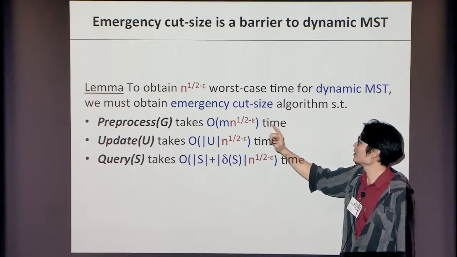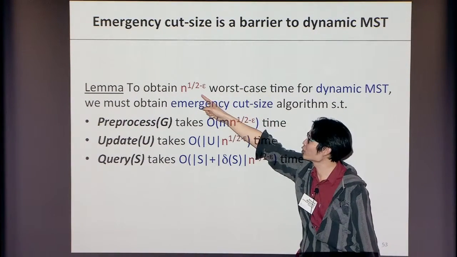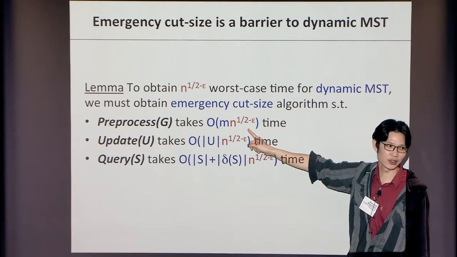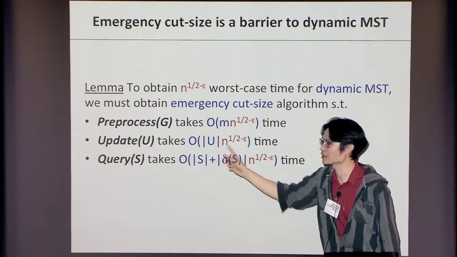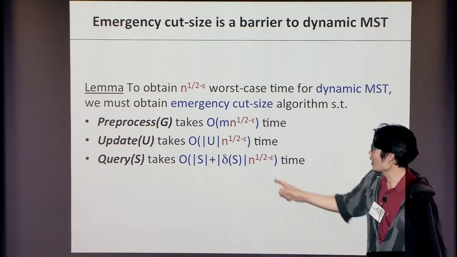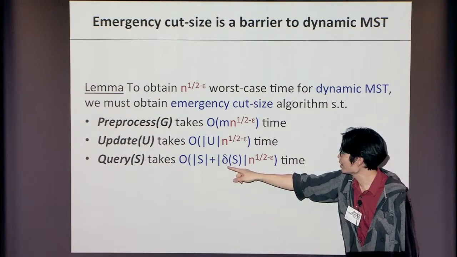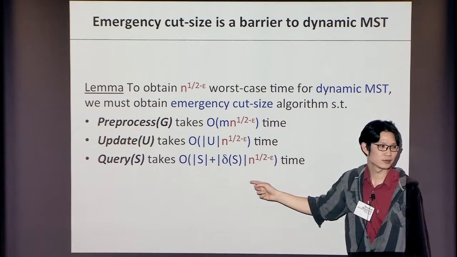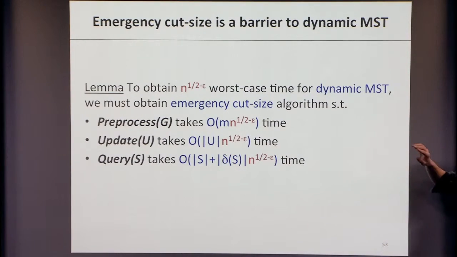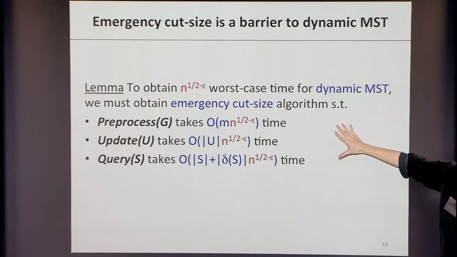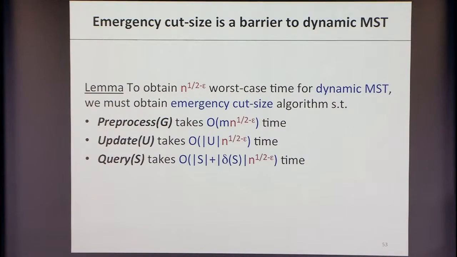But now if you are talking about n to the 1/2 minus epsilon here, then you are allowed to have n to the 1/2 minus epsilon here, and also here for the update time. And for the query time, you are allowed to have this extra delta S times n to the 1/2 minus epsilon over here. So if you want to get something better than root n here, you better have this running time first for the emergency cut size oracle.